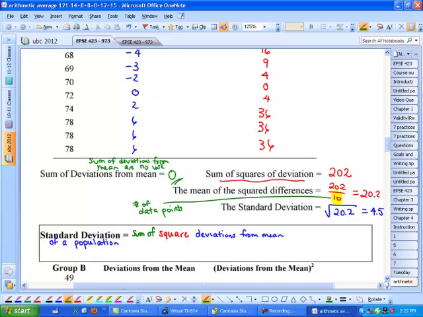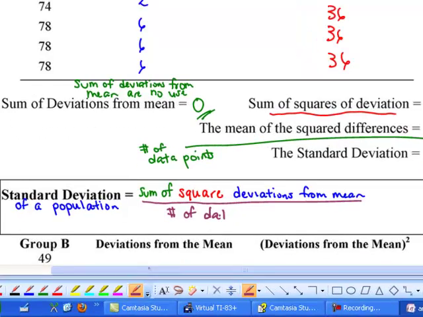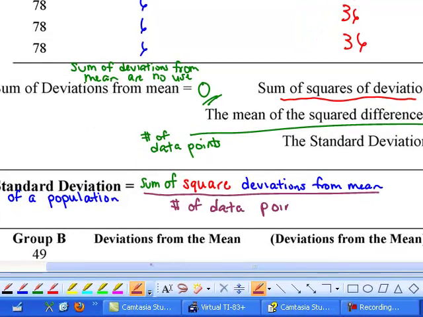And then to find the mean, we did the following. After we found the sum of the squares of deviations, we divided it by the number of data points. And then we had to undo that square part, so we took the square root of this entire number. And that represents the standard deviation of a population.